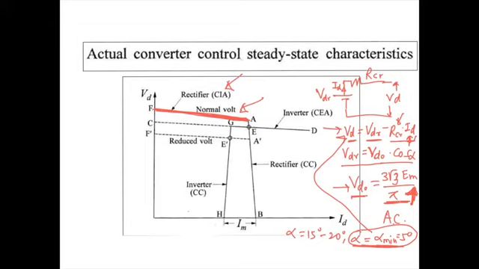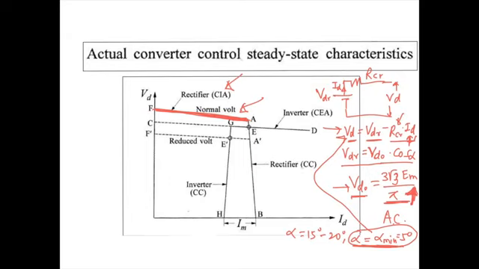So what we understand is that the rectifier is equipped with two characteristics, namely the constant ignition angle characteristic, which is represented by this line FA, where the normal voltage EM is considered for calculating VDO and alpha is set to alpha minimum, and another controller which is called the constant current controller.